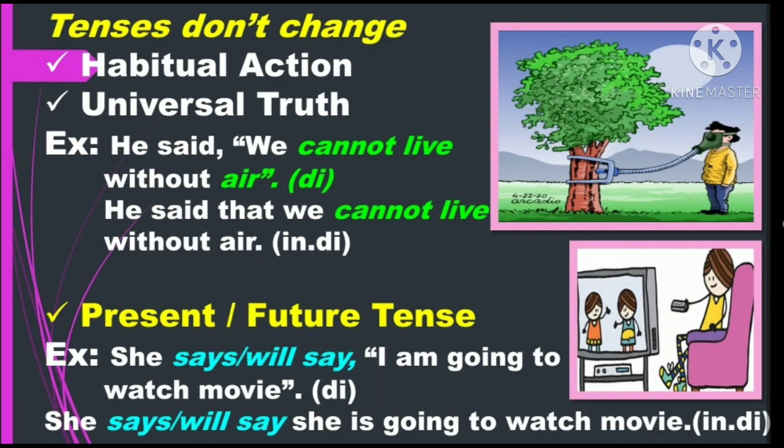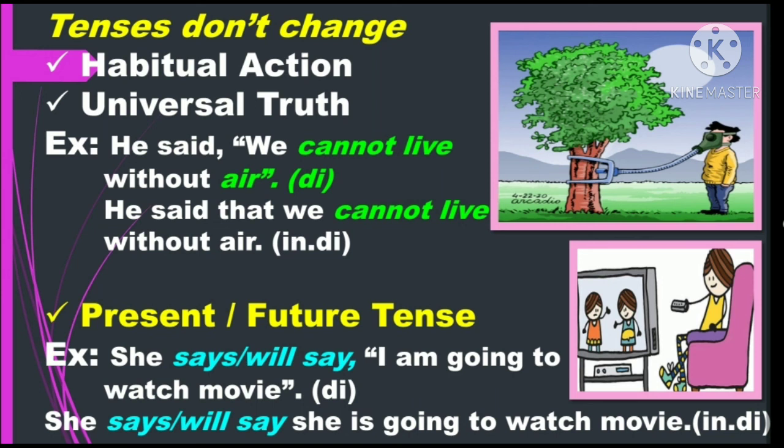And the next one is we are going to see where we can neglect the change of tense. That is, tense does not change. So, if we have a habitual action or universal truth in a direct speech, when it goes to indirect speech, we need not give any change.